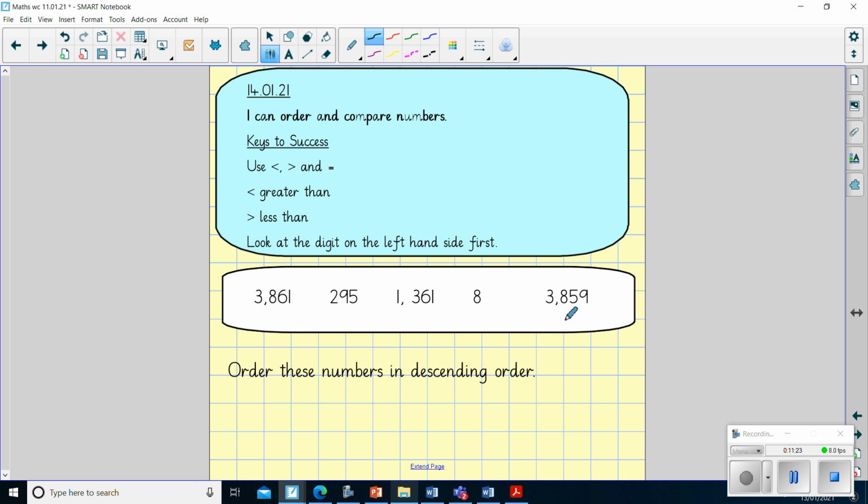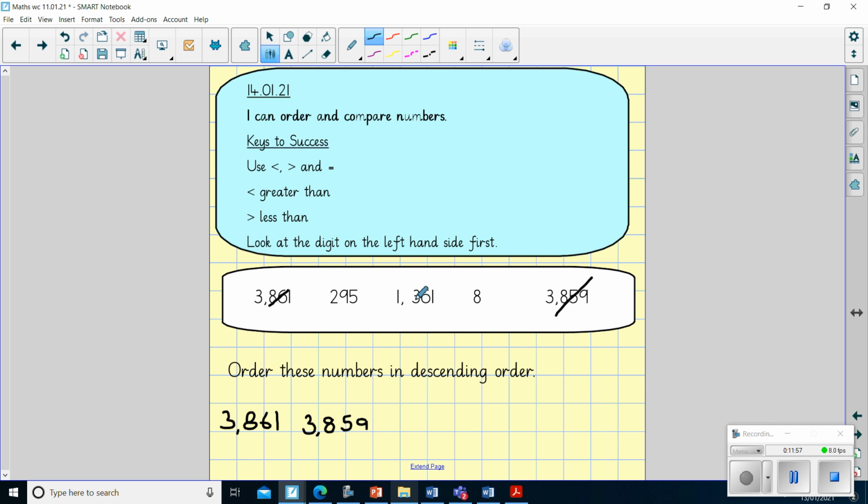They've both got 800s. This one here's got 6 10s and this one's got 5. So 3,861 is going to come first because it's got 6 10s and that makes it greater. Cross that out. And we've already said that it was between those two numbers, so 3,859 will come next. And then I can cross that one out to remind myself that I've done it.